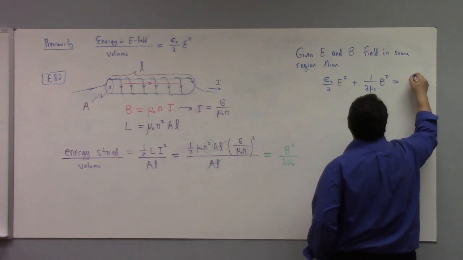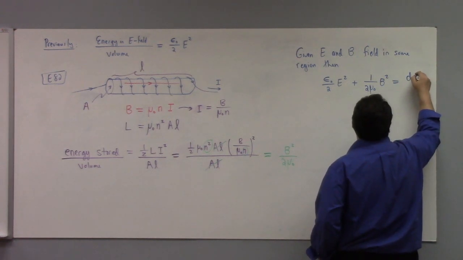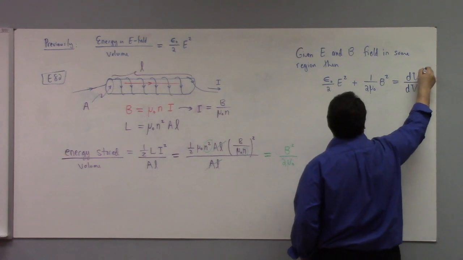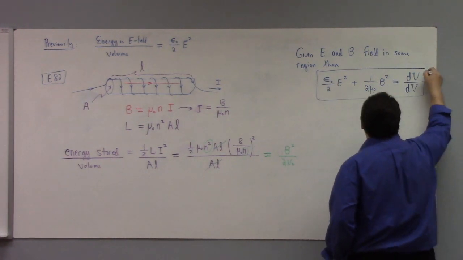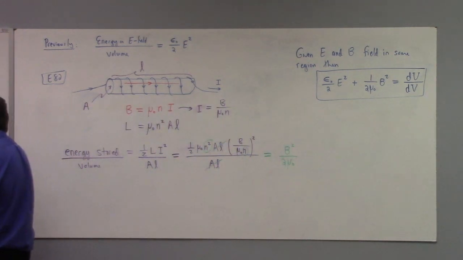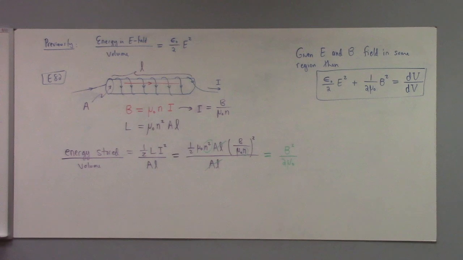This would be the energy, I'll call it dU, U for potential energy here, dU/dV. This would be the energy per unit volume in the electromagnetic field. There's some energy in the electric field, there's some energy in the magnetic field, and together, that's what you got.